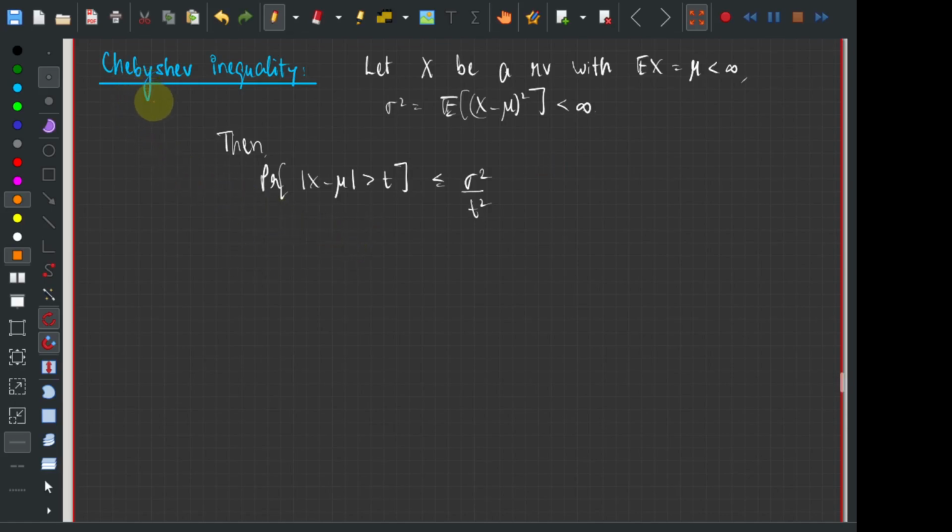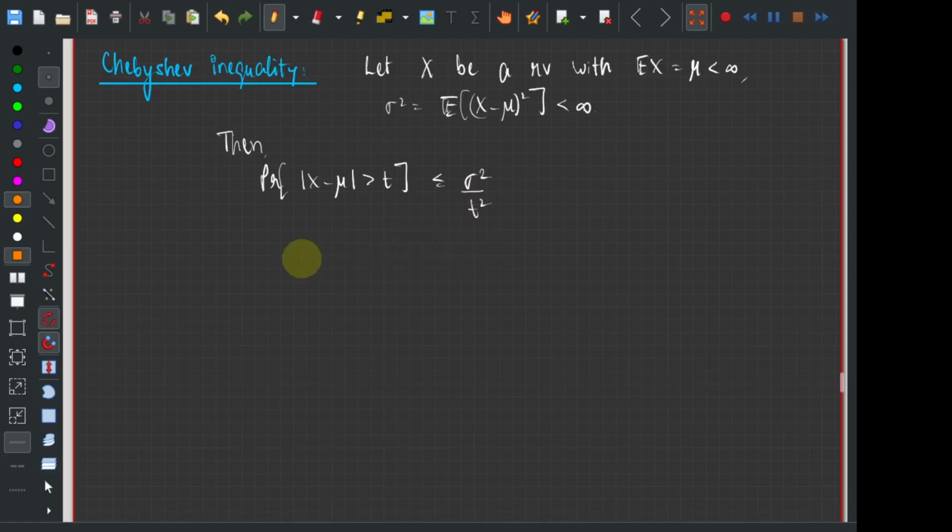And one way to obtain that is using the Chebyshev inequality. It says that if x is a random variable with finite mean mu and finite variance sigma square, then the probability that x deviates from the mean by an amount greater than t is less than or equal to the variance divided by t square.